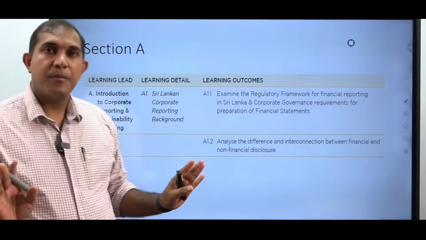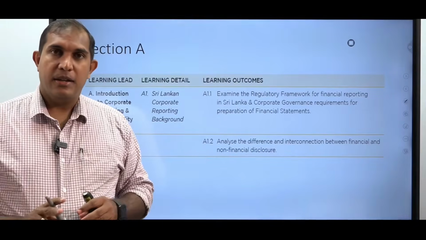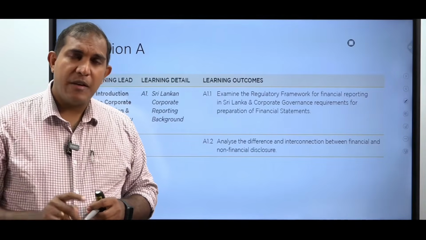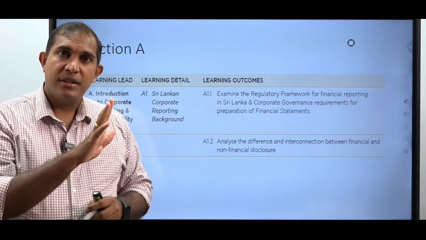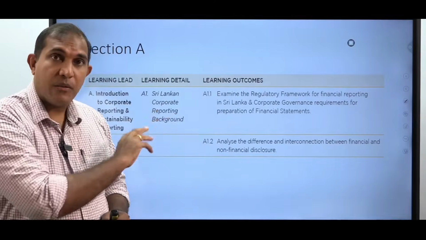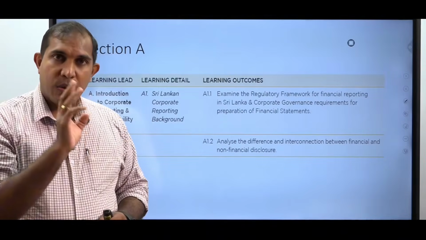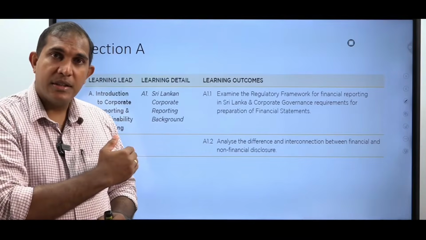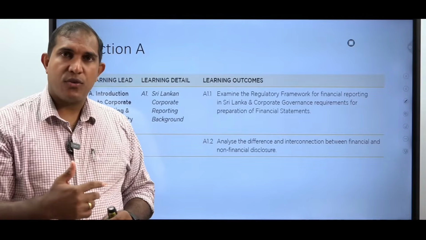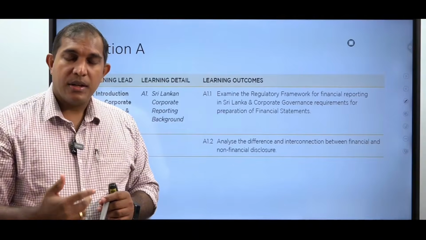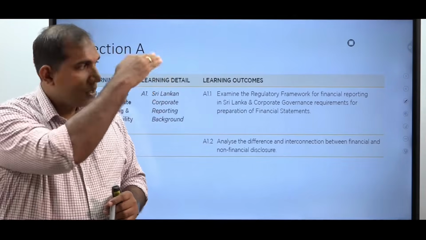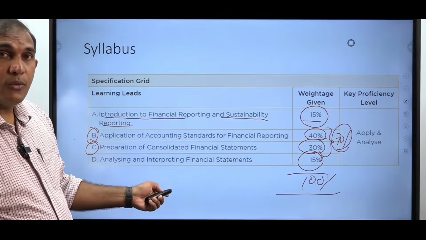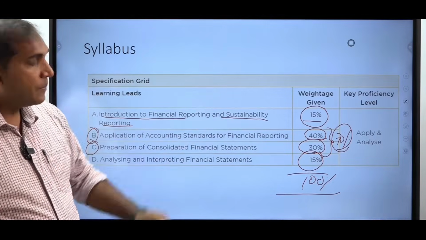Remember, when you learn something, you have to have a navigation. You have to have a direction. So that's what we are explaining now. So you have to have the syllabus. I kindly request from everyone, you can write the syllabus. First, the previous slide, you should know the weightage of the syllabus, right?